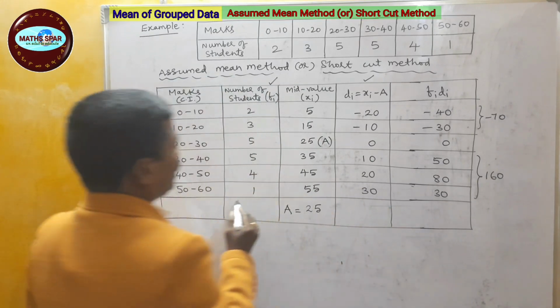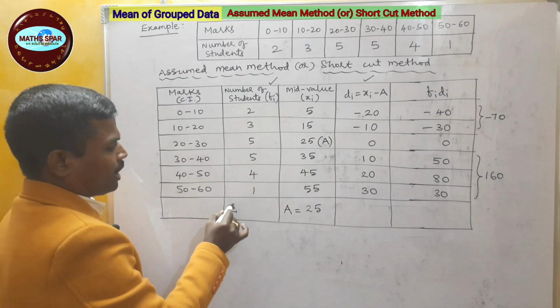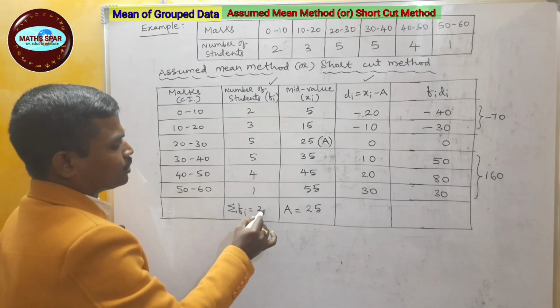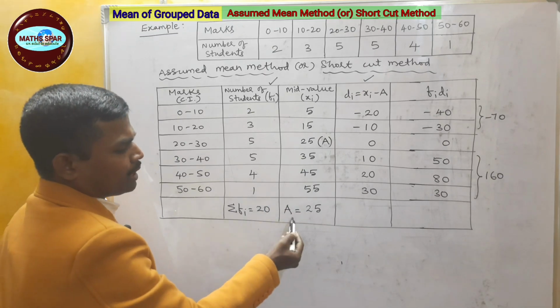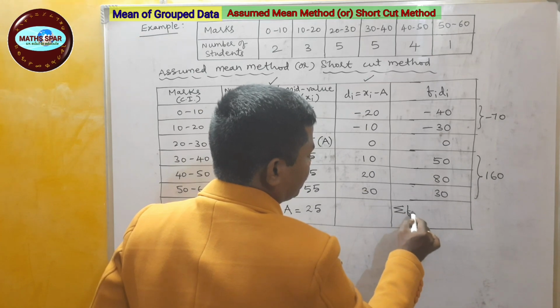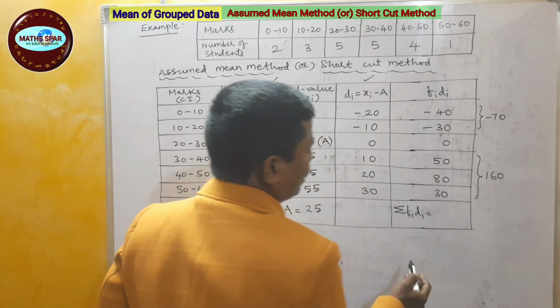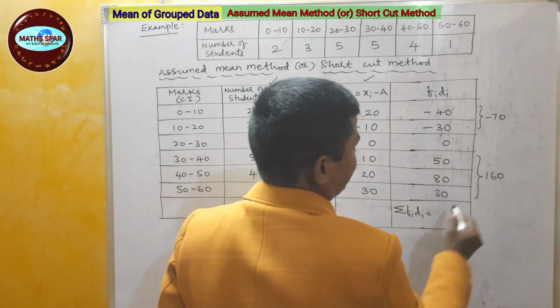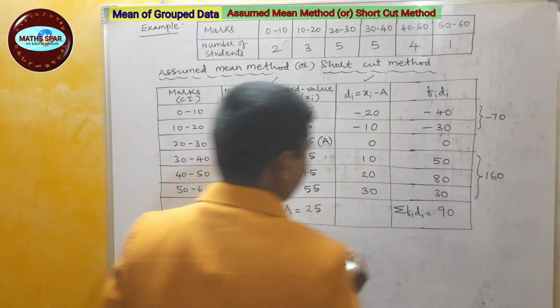So sigma fi is 20, assumed mean is 25, then sigma fi di is nothing but 160 minus 70, that is 90.